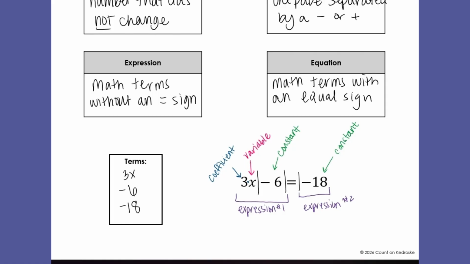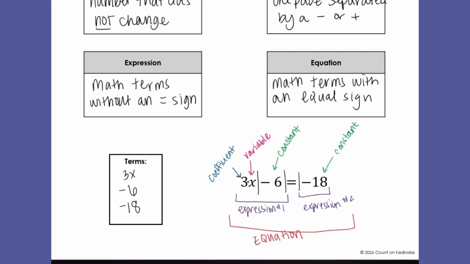So there are two different expressions there. And then because there is an equal sign, when you have one expression equaling another expression, that means this whole thing is your equation. 3x minus 6 equals -18 is the whole equation.